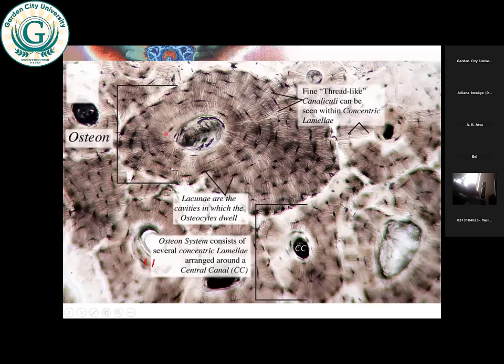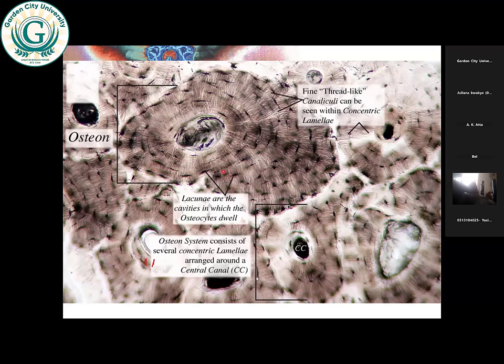These things that you are seeing here are the osteocytes. Those tiny lines that you are seeing here are the canaliculi. So you remember the bone is calcified. So those tiny canals are how nutrients are able to exchange between one osteocyte and another osteocyte. So this is how a bone looks.